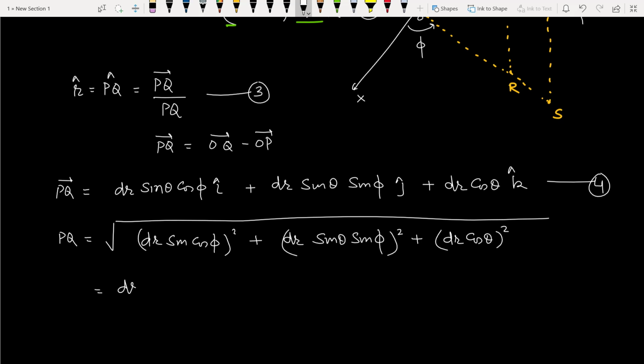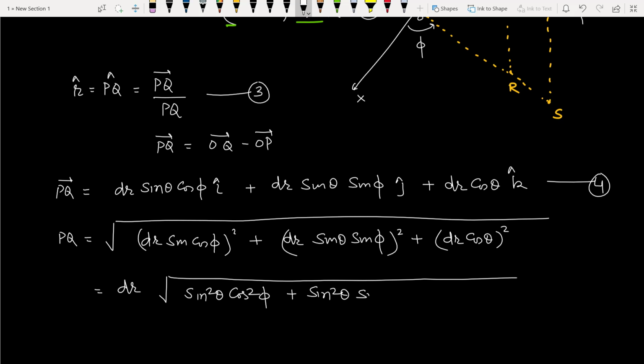So dr squared comes out of the square root as dr, and the rest is sin squared theta cos squared phi, sin squared theta sin squared phi, cos squared theta.